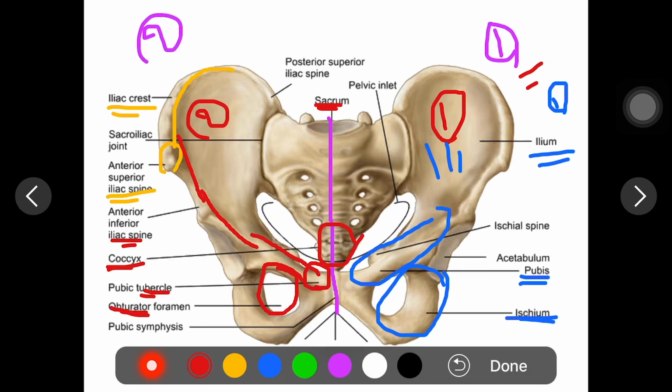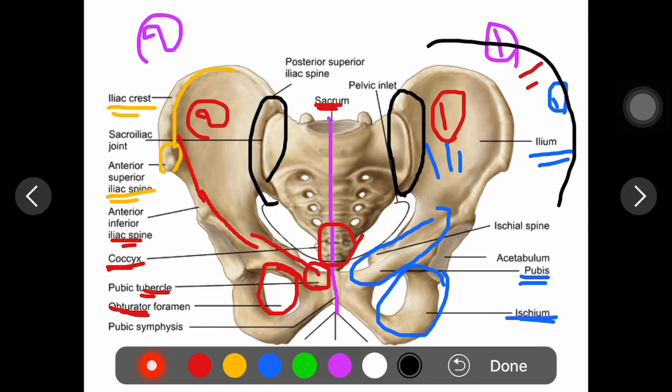This bone, as you see, is very large. How does this bone remain attached without falling apart? The answer is simple. First, see this? This is the sacroiliac joint that makes this large bone attach closely to the sacrum.